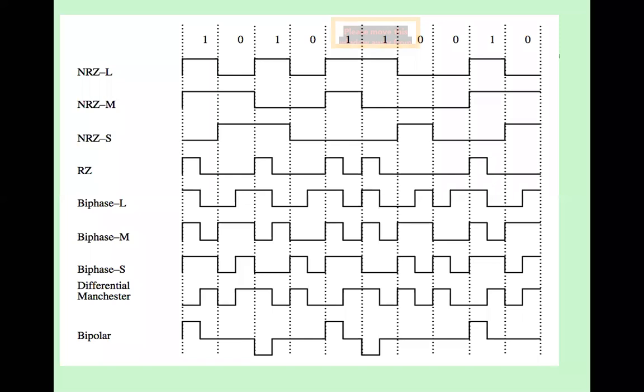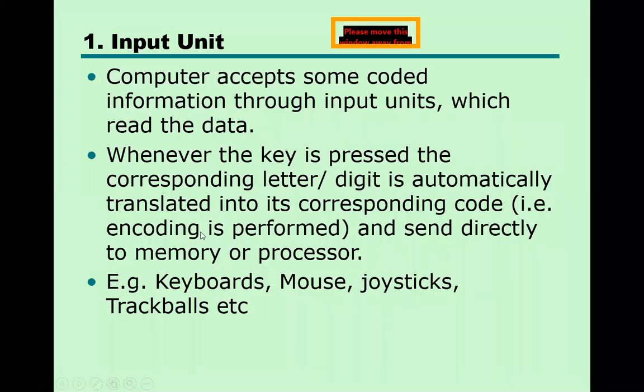But the electric signal is in the form of a sine wave, so how is data interpreted, because the data is in the form of 1s and 0s? There are different line coding schemes which are used to transfer data from one point to another point.